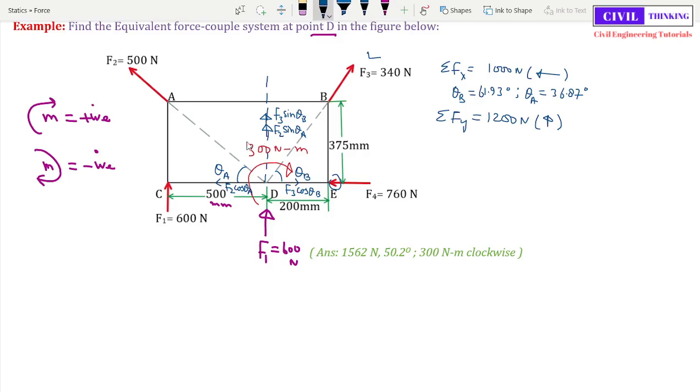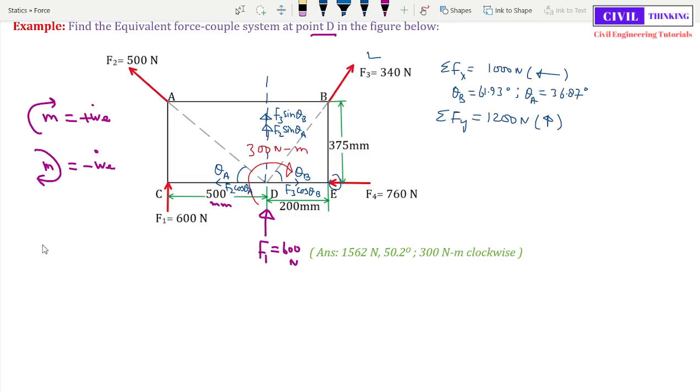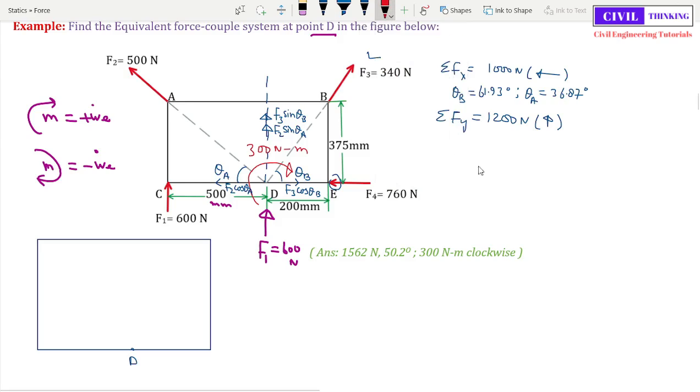Now let me draw a neat diagram here. This was our point D, right? Now at point D, let me change the color first. We have a net force in the x direction, 100 Newton, towards left, right?